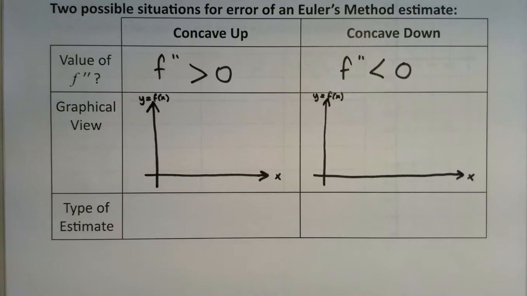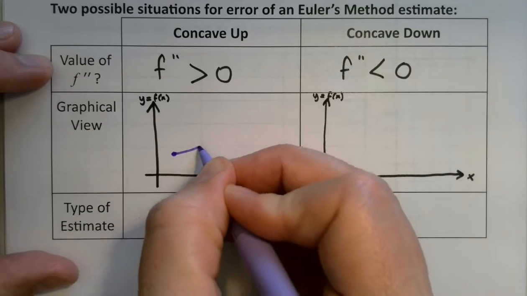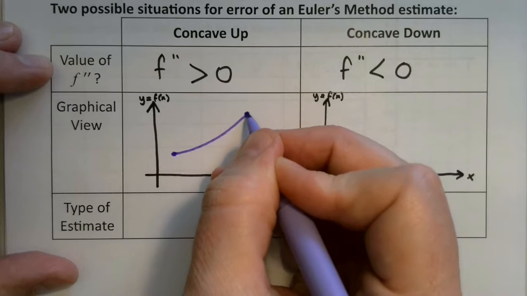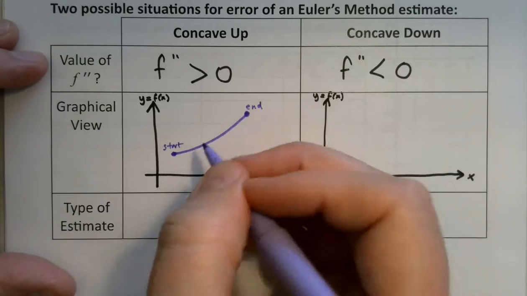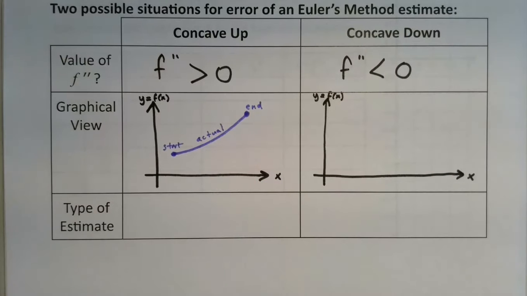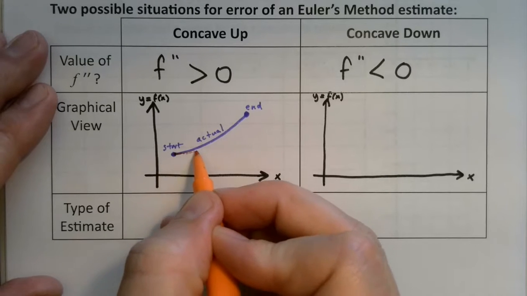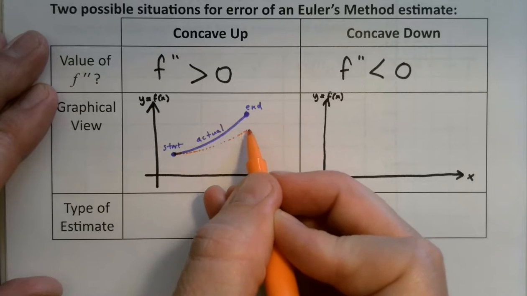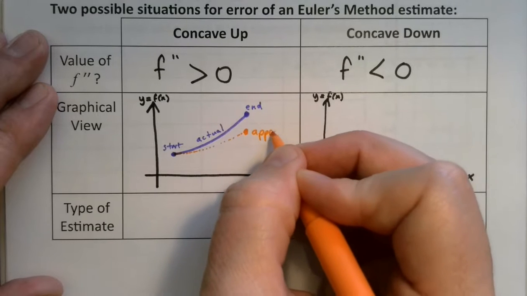And so if you imagine starting at some initial condition, and the actual function goes something like this, there's our start, and there's our end points, and this is the actual curve, right, the actual solution. Our approximation, because we're always taking a step and following a straight line, is always going to be out here.